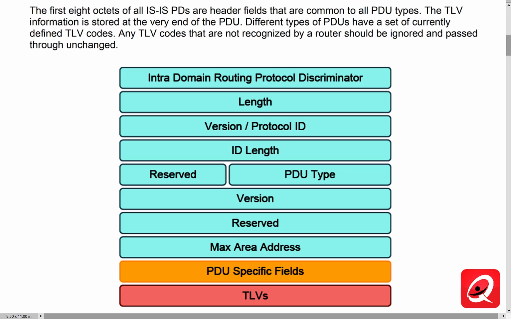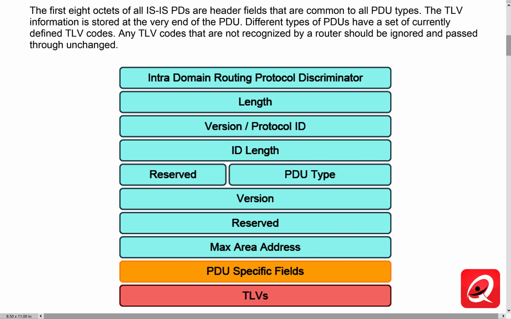We have our LSP PDU. You can think of this as kind of like a link state update in OSPF. It's how we exchange reachability information. Really the major packet type that we would have in ISIS, being able to exchange routing information using that link state packet PDU. We have a PSNP.